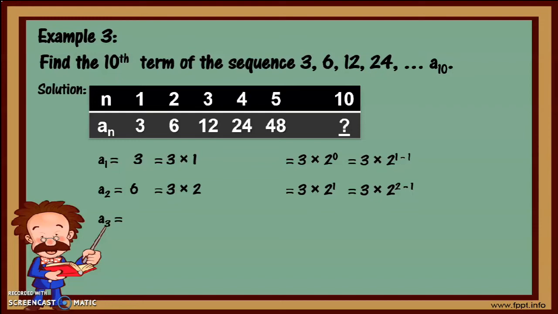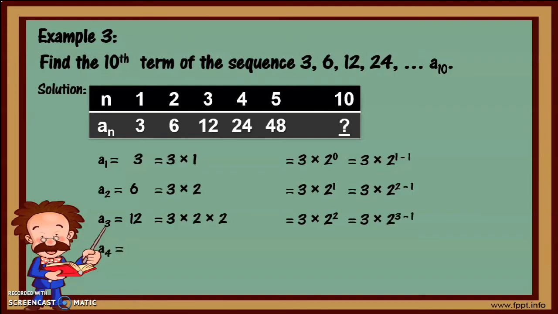A sub 3 equals 12, equals 3 times 2 times 2. It is also equal to 3 times 2 raised to 2, or 3 times 2 raised to 3 minus 1.